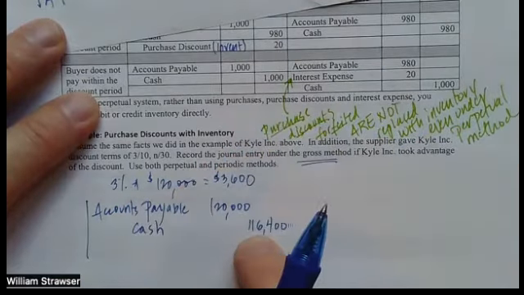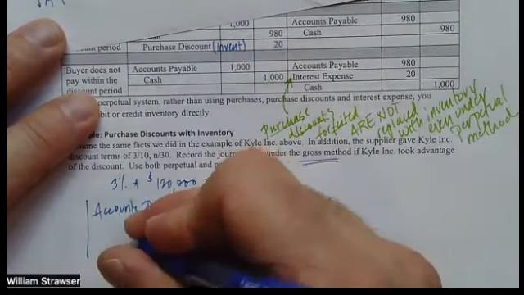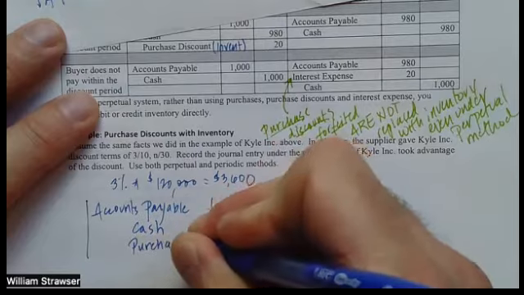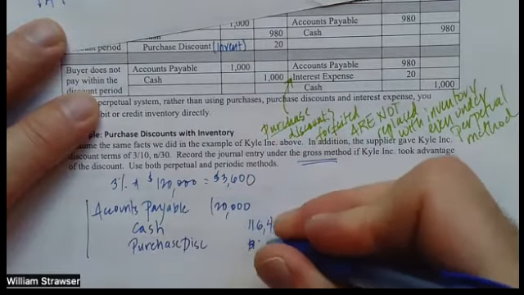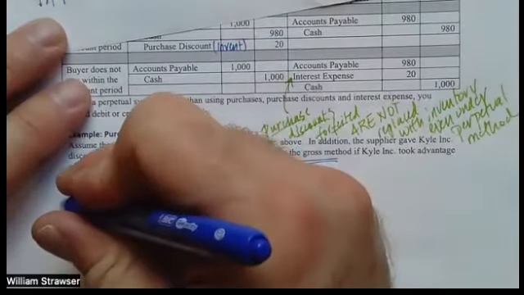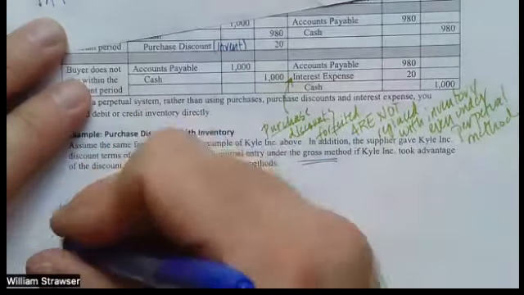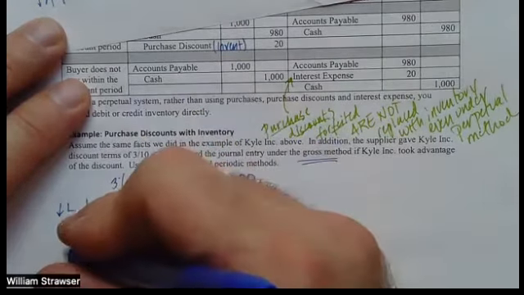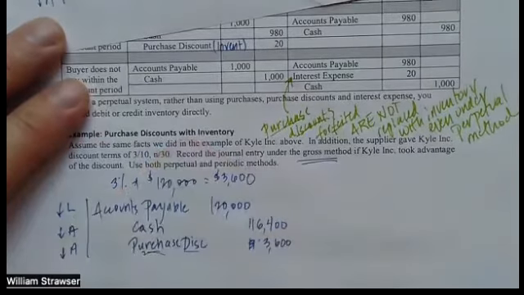And the discount is going to be recorded as a purchase discount if we're using the periodic method. So that reduces the liability, that reduces an asset. Recording the purchase discount credits a contra asset, also reducing assets.